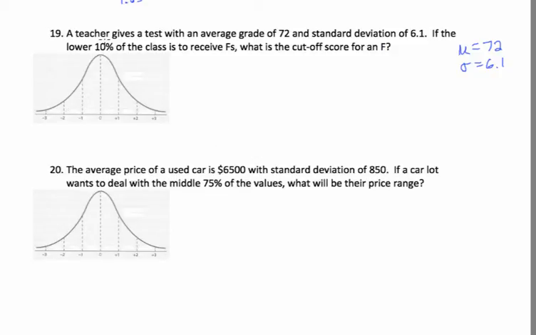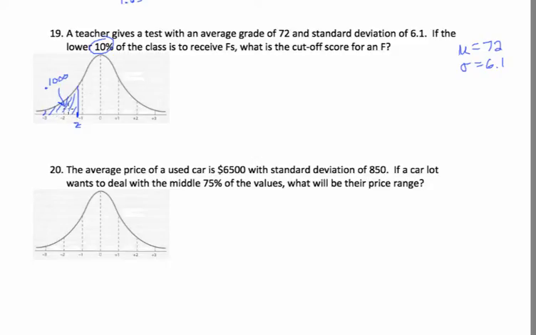Okay, so we're starting with a probability, 10%, 0.1. I don't know exactly how much of this will be 10%, so I'm going to guess. Maybe in here somewhere. Yeah, it might be a little further. This is the lowest 10%, or 0.1000.